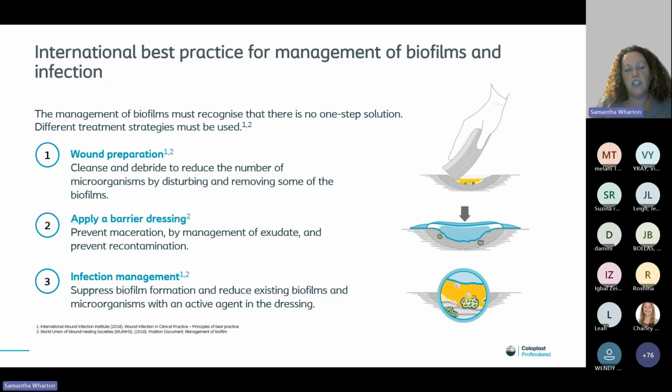It's going to manage the exudate, and it's also going to prevent that recontamination. So you want a dressing that's going to lock that bacteria away. It's really important. Otherwise, that bacteria can go back into that wound bed. And also that infection management. So you want that dressing with the active agent that's actually going to be able to suppress that biofilm formation and reduce the existing biofilms and microorganisms.